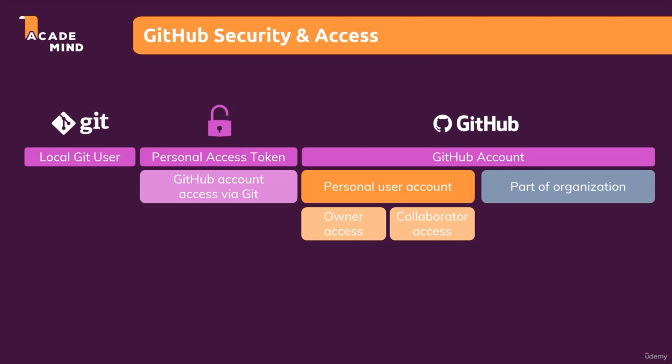Because in here, a collaborator cloned our code, added a new commit, and now wants to push this commit to this GitHub project. And if this collaborator would be officially part of this project, so part of this project inside the personal user account, then this collaborator could create his own personal access token, because if the account is officially part of the project, then this collaborator simply needs access to his own GitHub account.